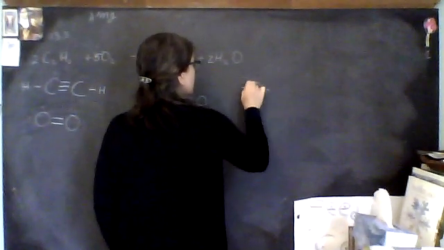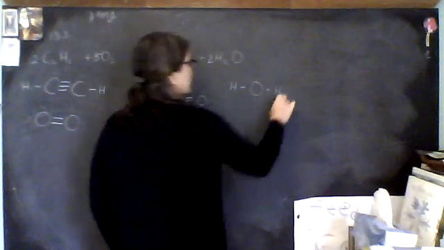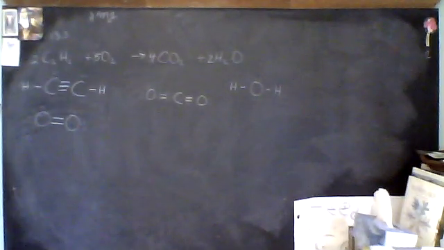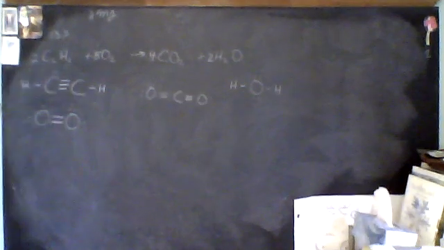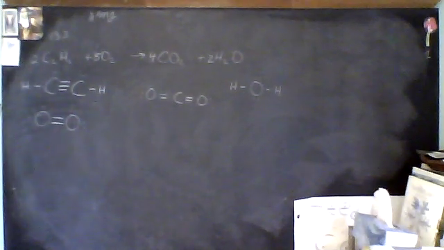Hydrogen and oxygen. H and O is 459. Good. So that's what our Lewis structures look like, right? Okay, the combustion is complete.